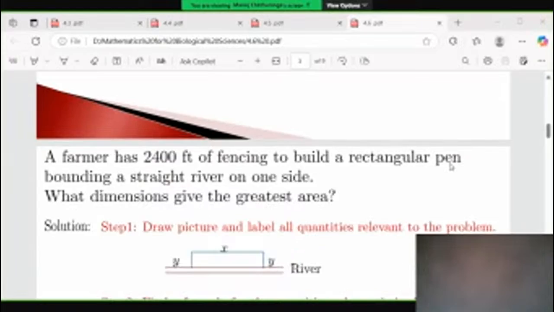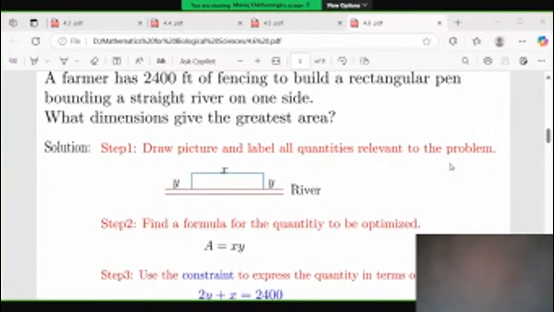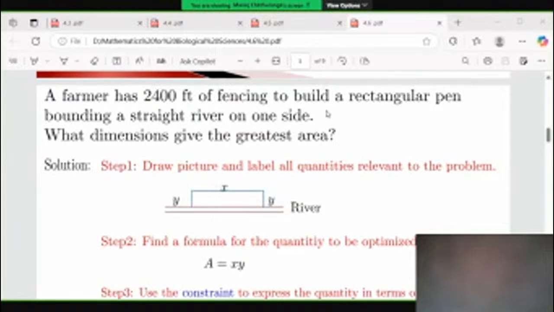We have already seen this. Let's say this is a nice example. A farmer wants to build a fence around his farmland.